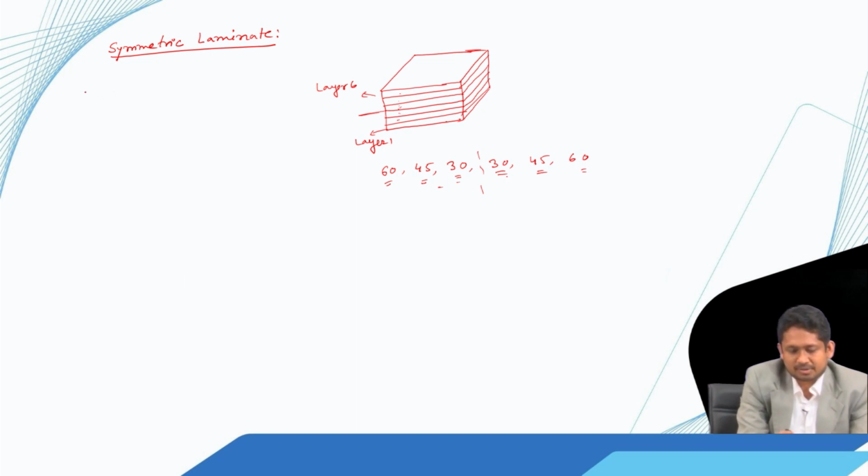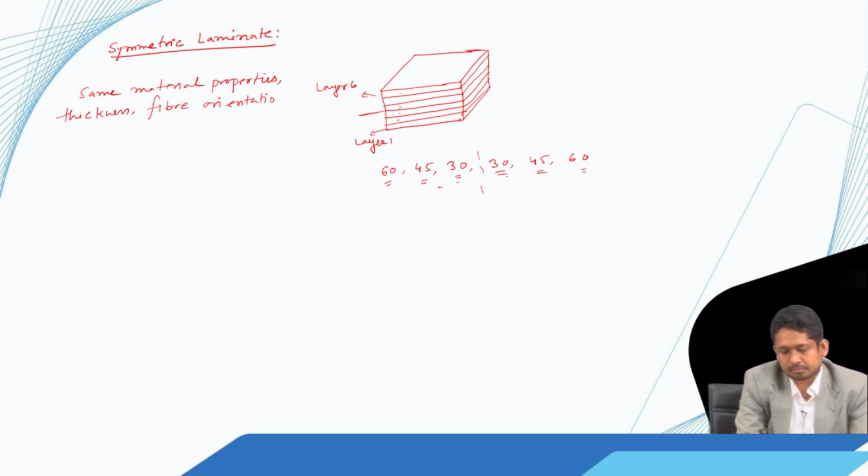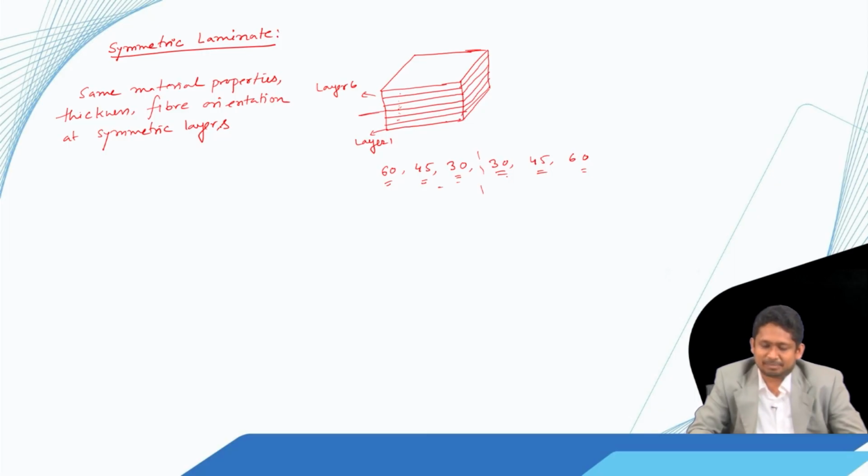So, same material property, thickness, and most importantly fiber orientation at symmetric layers. Then we call it a symmetric laminate.